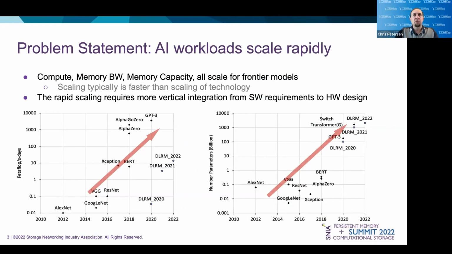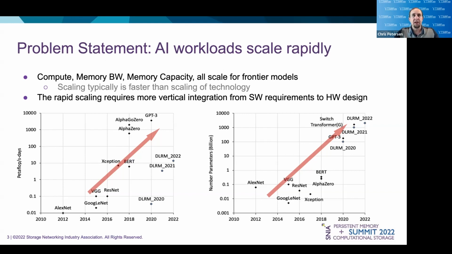The core challenge we have to work through for AI workloads is the rate at which they scale. The two charts here help to demonstrate this point. The plot on the left shows the rate of scaling of a range of AI workloads over time in terms of the compute requirements of these workloads.